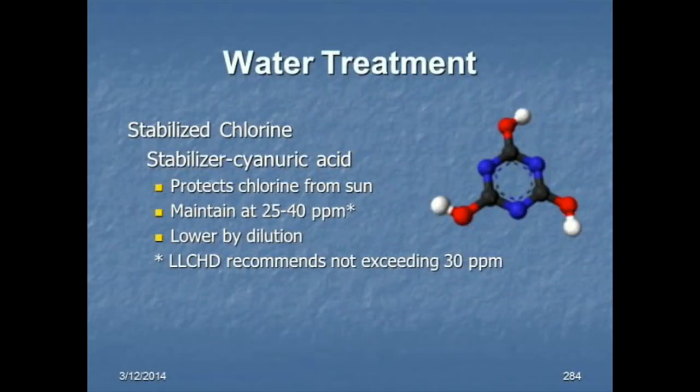The problem is with some types of chlorine, the trichlor, for example, it has stabilizer incorporated directly in with those chlorine tablets that you put in your chlorinator. And as they dissolve, you're continually adding more and more stabilizer, cyanuric acid, to your pool. The only way to reduce the amount of cyanuric acid in the pool as it builds up is through dilution.